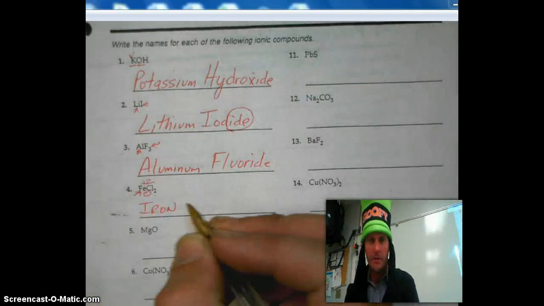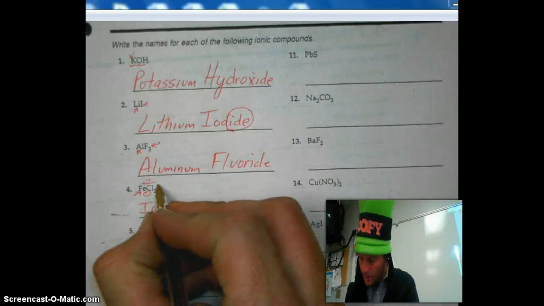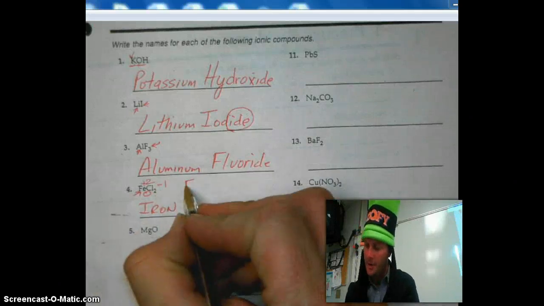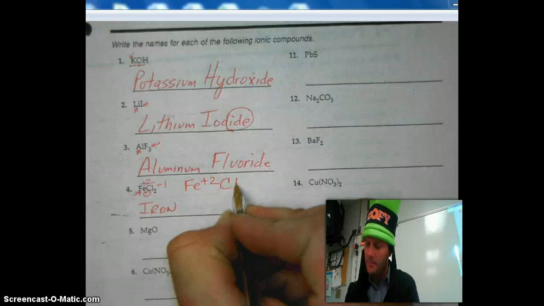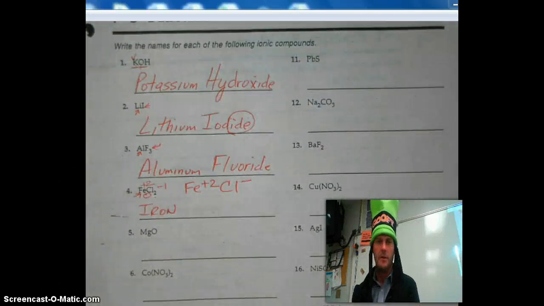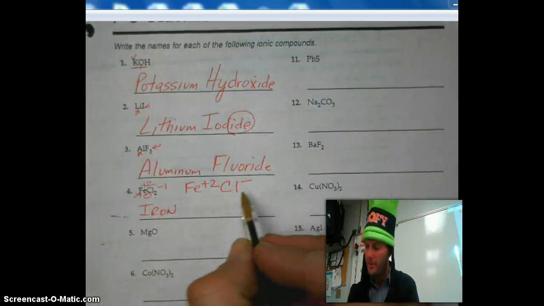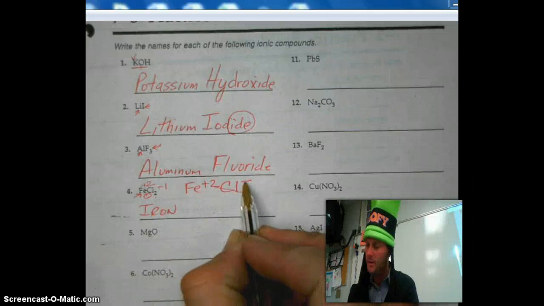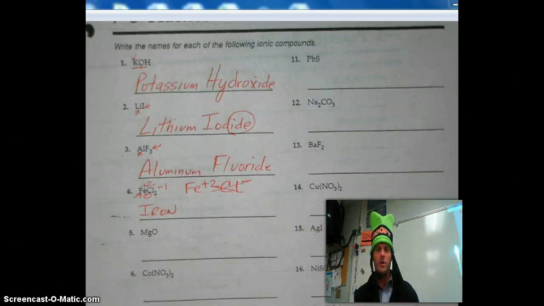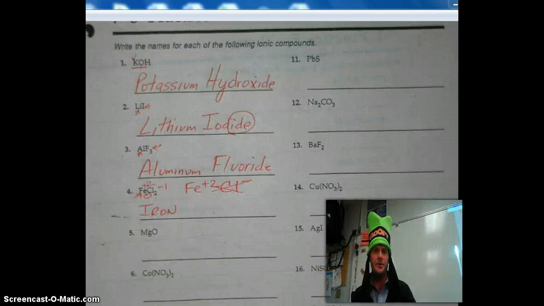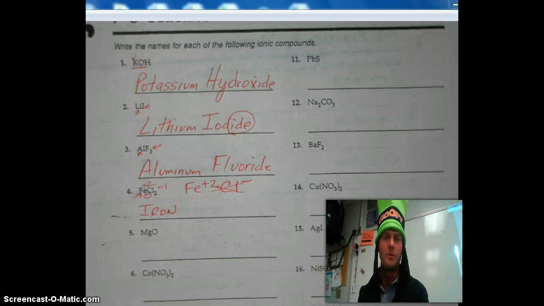What is down here? It is a 1. So that actually goes there. So actually, if I gave it to you like this, from your crisscross, you would come up with the idea that the 2 comes down here, the 1 comes over here. Now, we are going to write these charges, as you found out in your notes, as Roman numerals.